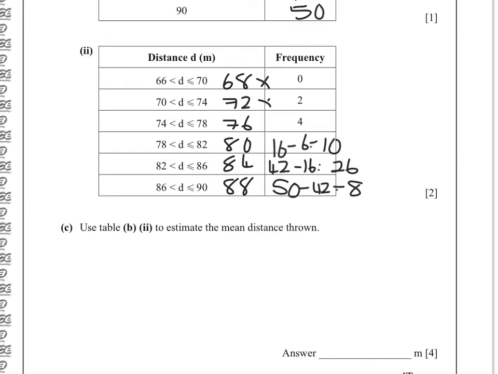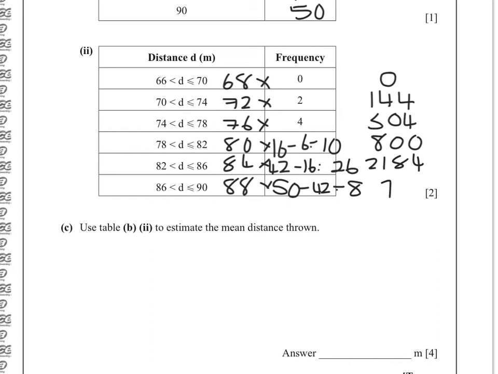We're going to multiply the midpoints by the frequency, so 68 times 0 is 0, 72 times 2 is 144, 76 times 4 is 304, 80 times 10 is 800, 84 times 26, 2184, and 88 times 8 is 704.